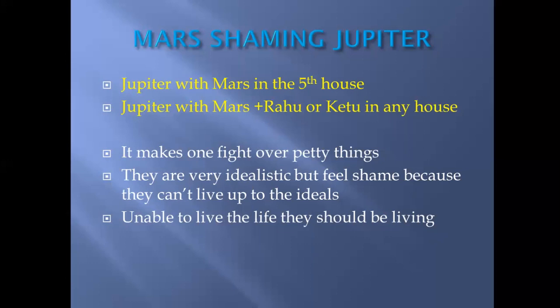They might be very idealistic, but they will feel shame because they can't live up to those ideals of Mars. Remember, Mars is also our ideals. Mars knows what is wrong or right. So it's going to be hard for Jupiter to live up to those standards. And they will be unable to live life the way they should be living it.